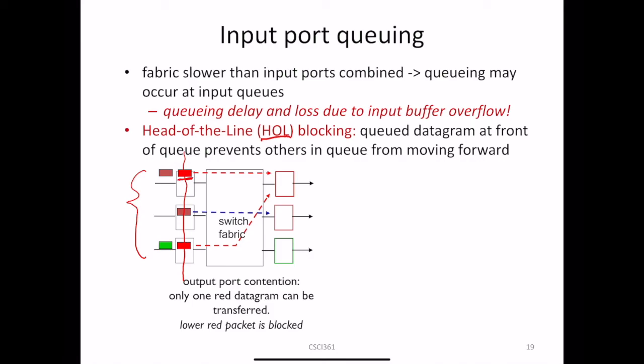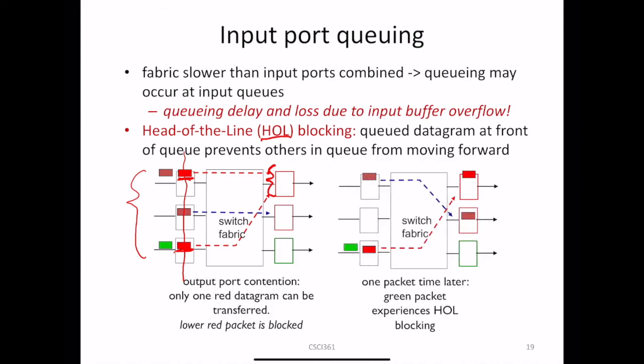Suppose this red datagram and this red datagram are both ready to be forwarded to the same destination output port. If that's the case, only one datagram can be forwarded or temporarily stored on the buffer first.